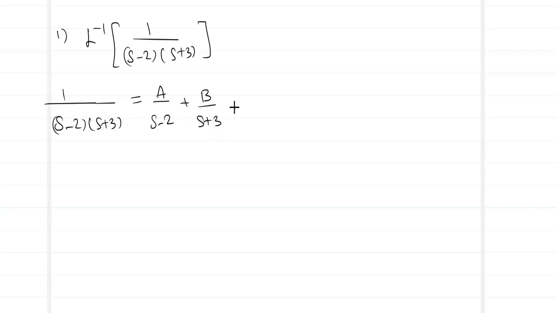Now take the LCM of your denominator, in which case s minus 2 into s plus 3 will be a times what is missing here, which is s plus 3. So adjust it with s plus 3 in the numerator. What is missing in the second term is s minus 2. Adjust your b with s minus 2 in the numerator.